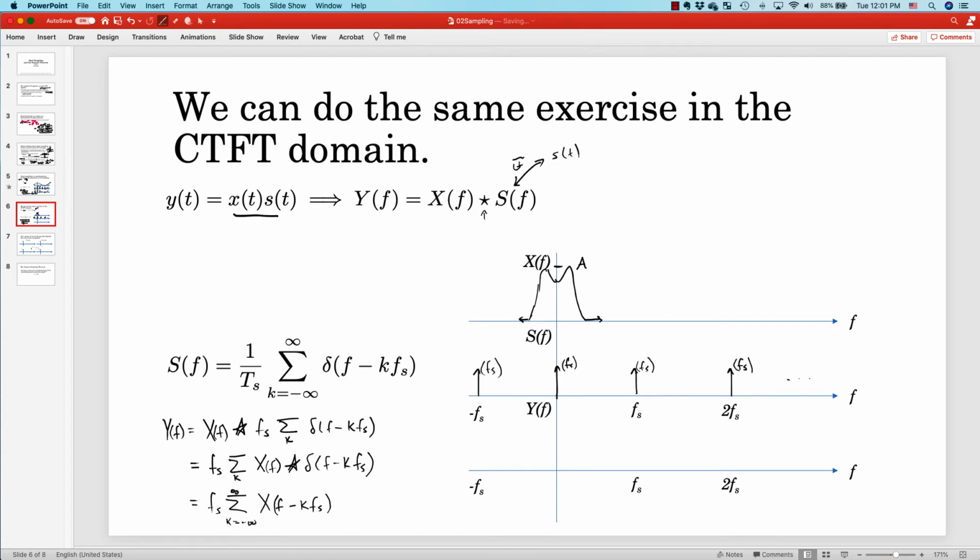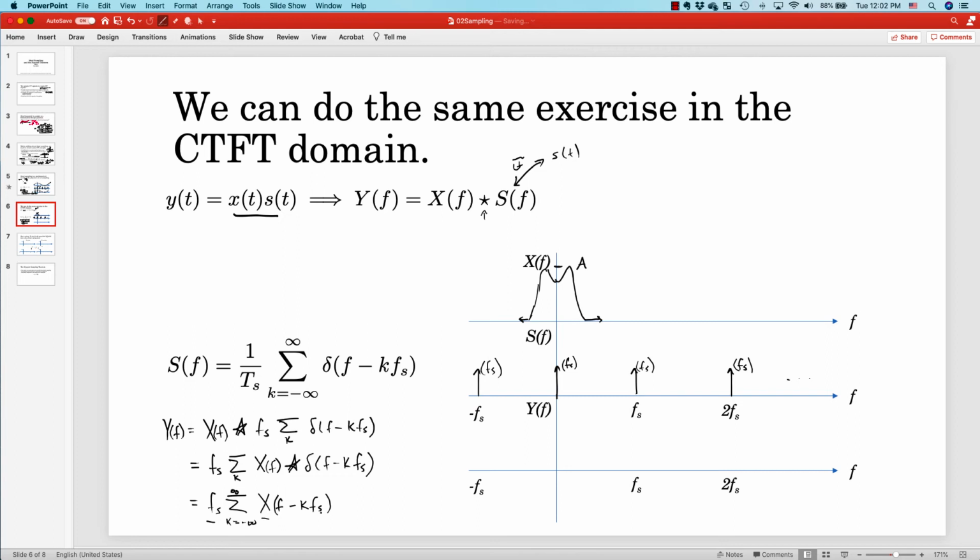Okay. So if you're confused on that last step, go back a couple slides and review your knowledge of how delta acts in convolution. But the idea here is that this picture, this spectrum for y of f, is going to be the sum of scaled copies of x. And those copies are all shifted by different integer multiples of fs.